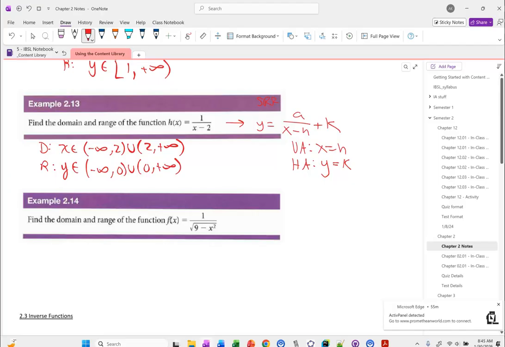So the domain should be everything except for the h, which is the 2, and the range should be everything except for 0, because that's like my k. If you remembered that from Algebra 2 or pre-calculus, that would have been super useful. You could absolutely apply that there.